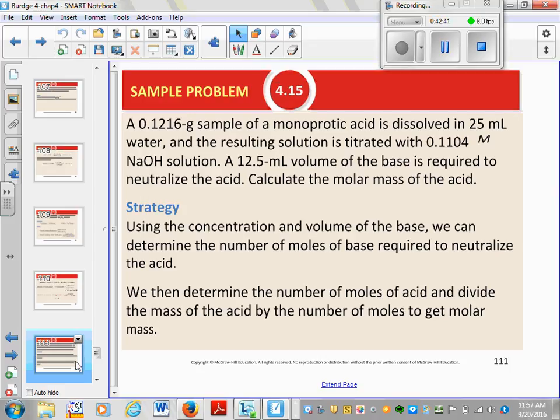So molar mass is equal in general to what? It's equal to how many grams in 1 mole. So it's equal to grams per mole. So do we have the grams of the acid? It's 0.1216.